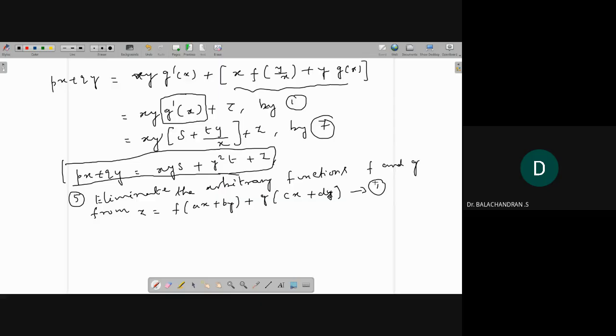So again, you should differentiate one partially with respect to x, y first.